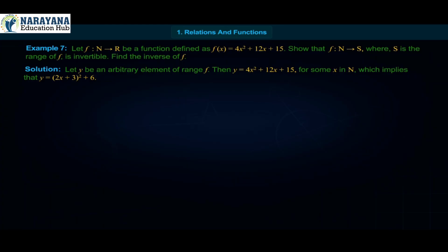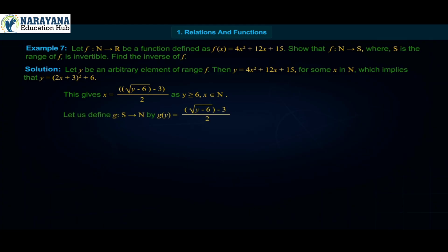Then y = 4x² + 12x + 15 for some x in N, which implies that y = (2x + 3)² + 6. This gives x = (√(y - 6) - 3)/2, as y is greater than or equal to 6, where x belongs to N.